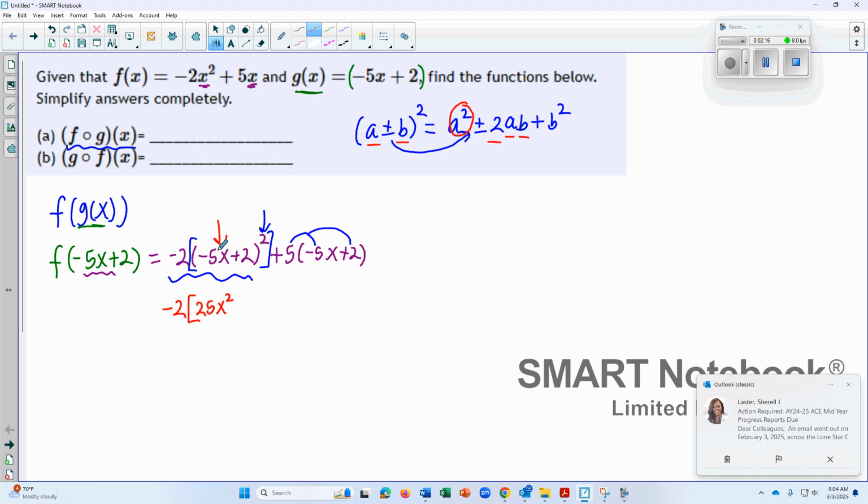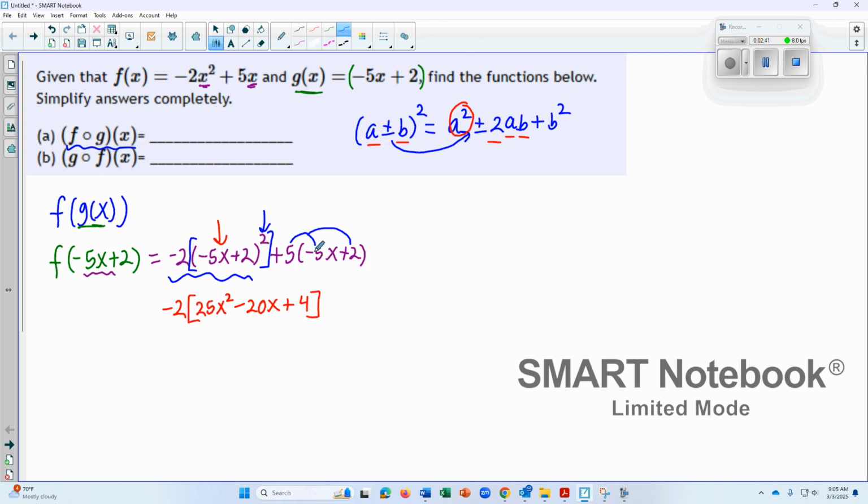So 2 times negative 5x is going to be negative 10x. And then times 2 again, it's going to be a minus 20x. So we're going to get a minus 20x. And the last thing we want to do is square b, and it will always be addition on the back. So then 2 squared is 4. So that's what we get for this first part.